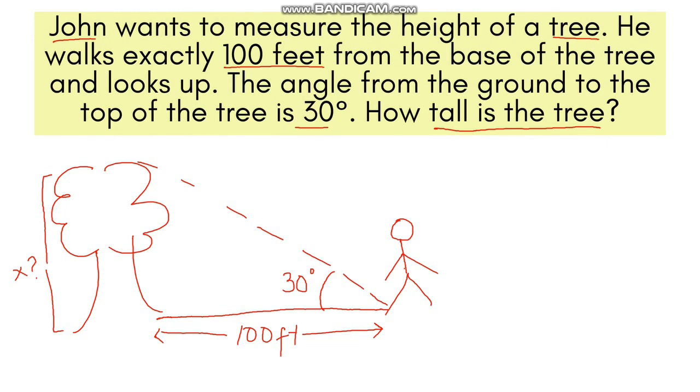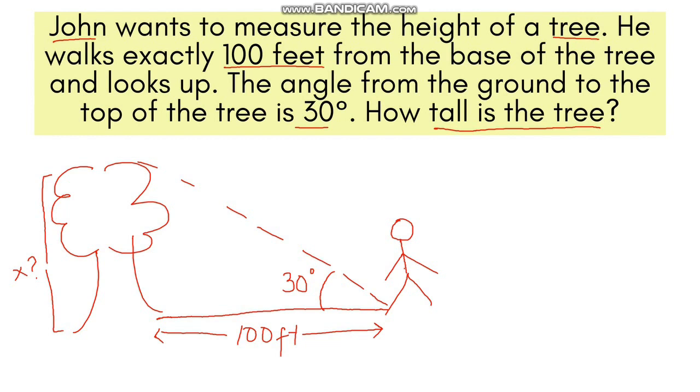We have a lot of trigonometric ratios, and you have to identify which one is applicable. How are you going to know which trigonometric ratio is applicable for this specific problem? You have to look at the given, the one that you have, and also consider the one that you're looking for.